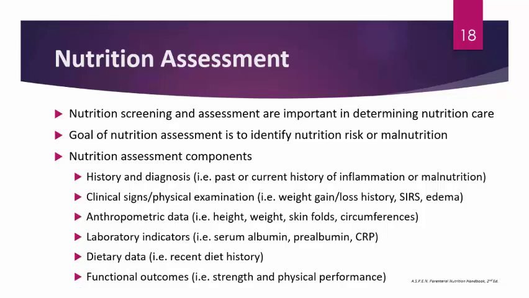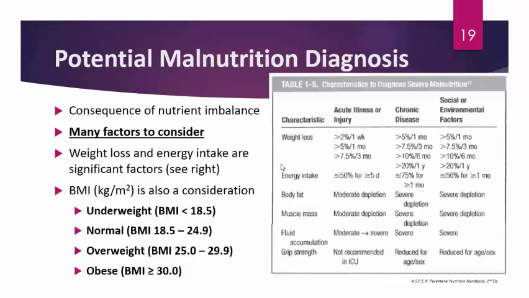We don't want to look at just one. We want to look at the whole history to get a good idea. Because, for example, someone may have a low BMI, but it doesn't necessarily mean that the patient is malnourished. We need to look at their other data, like their dietary data, their functional data, their clinical data, and their history to determine whether or not this patient is truly malnourished.